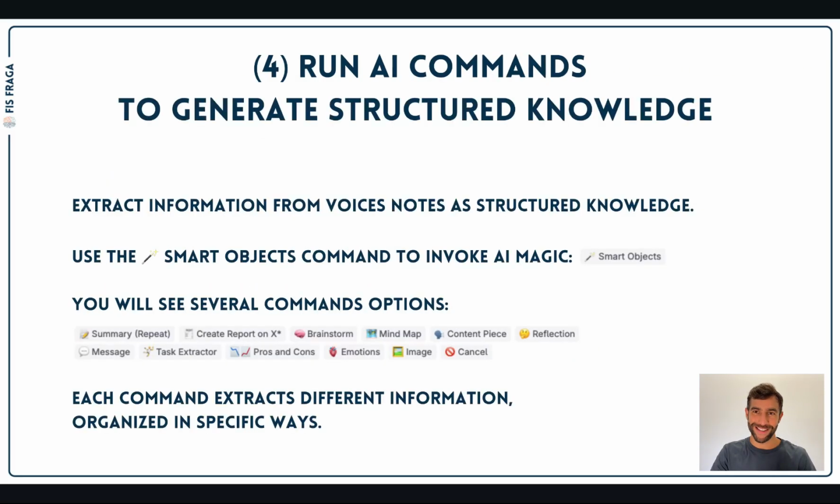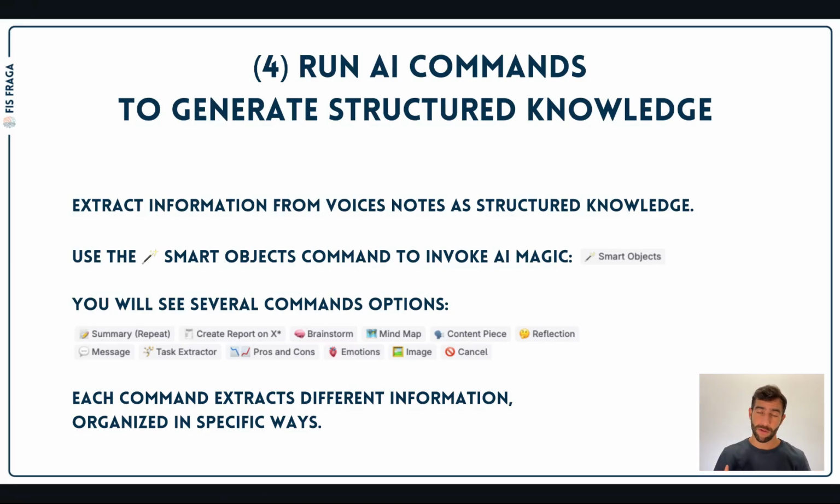Now, this brings us to the fourth step, and this might be the essence of this entire workflow, and it is to run the AI commands to generate structured knowledge. Here we want to extract information from the voice notes and organize them using the smart objects. The smart objects command presents you with several options of new commands that you can use to extract information from the voice note.